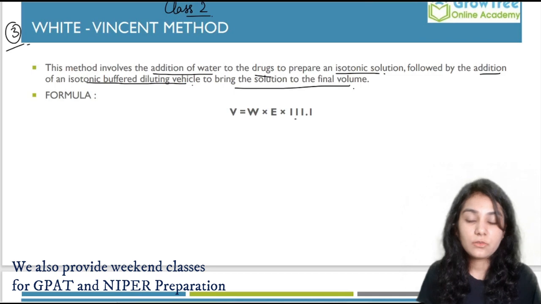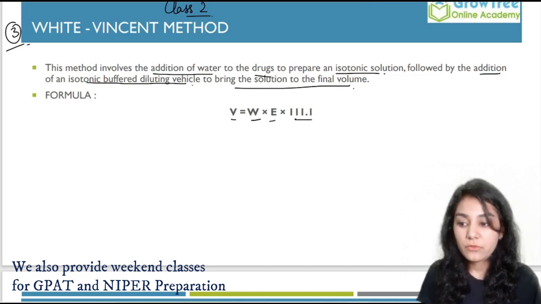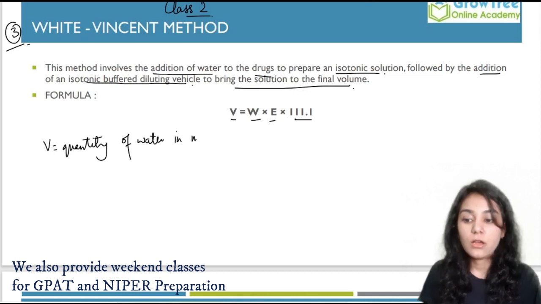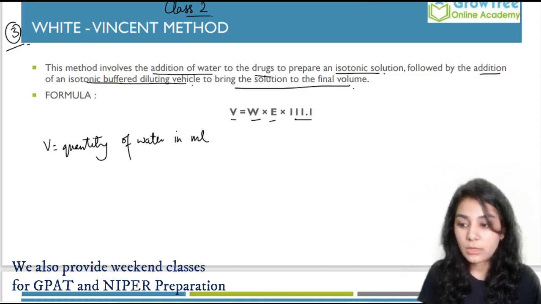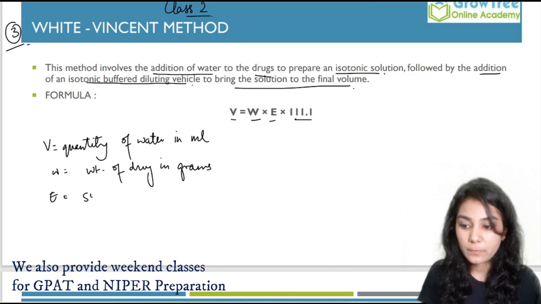Here also we have a very simple formula, which is V equals W into E into 111.1. Here V is the quantity of water in ml required to make the solution isotonic, W is the weight of the drug in grams, and E is the sodium chloride equivalent.